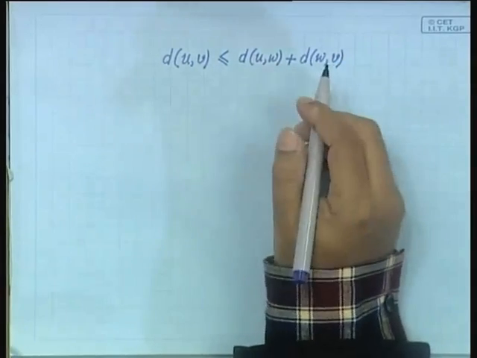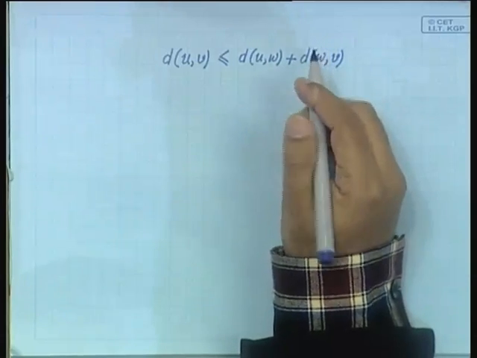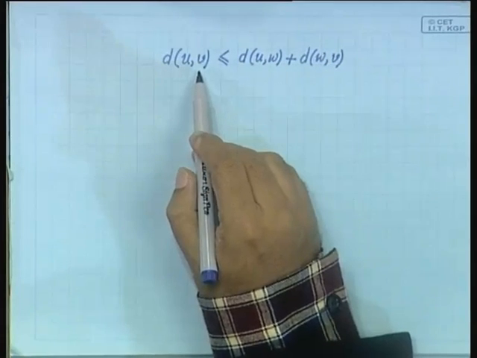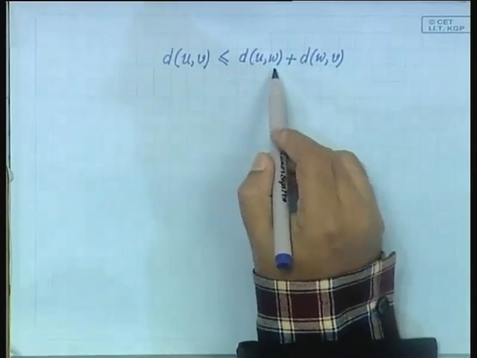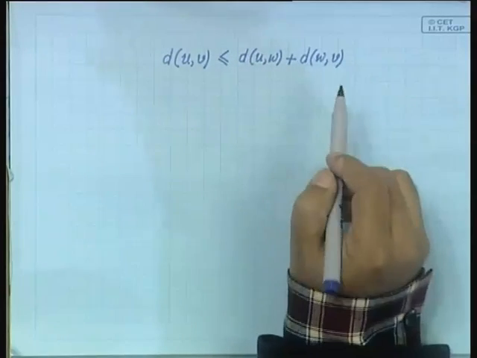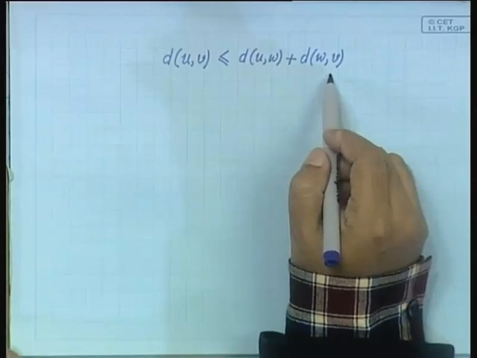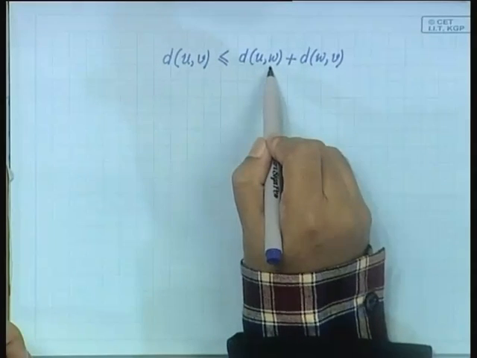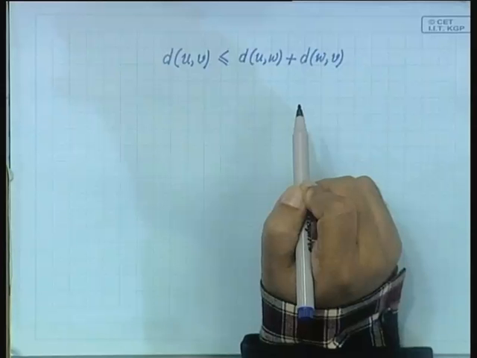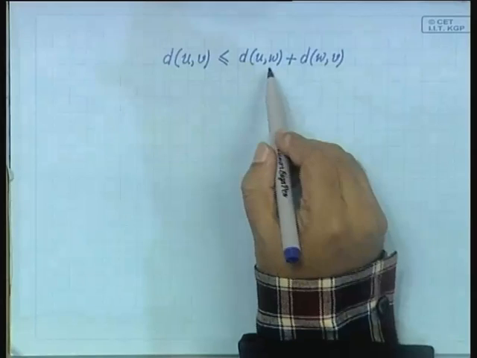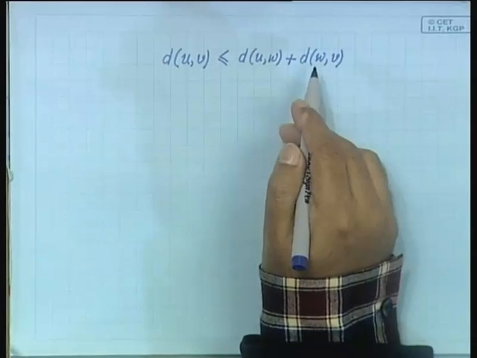This is a standard triangle inequality, that the distance from u to v will be less than or equal to the distance from u to w plus the distance from w to v. Now, the question is which w do we select. The w's that we select are the ones which are added to S.